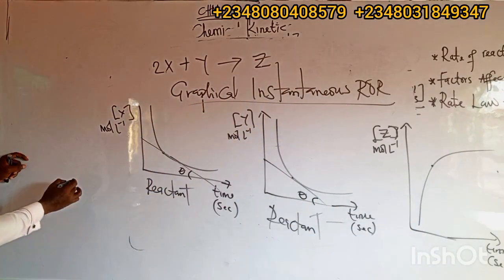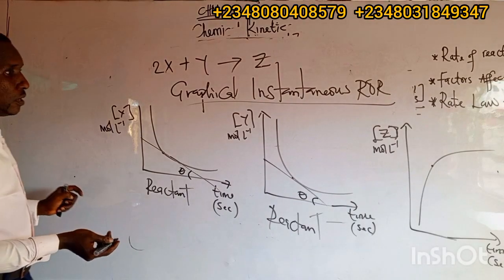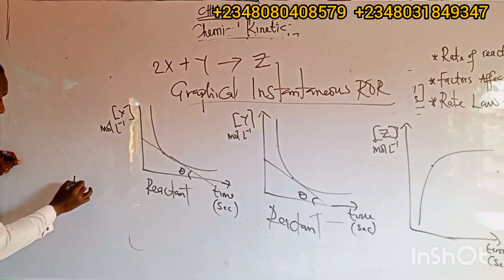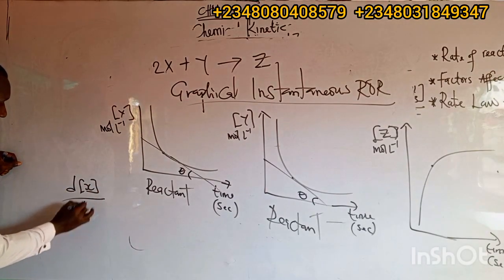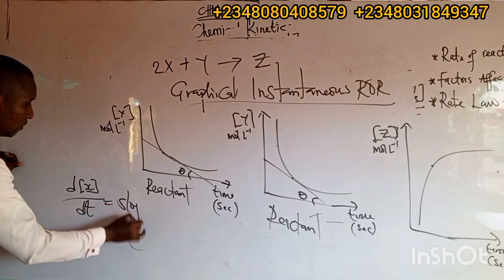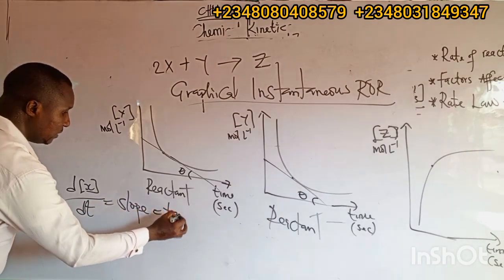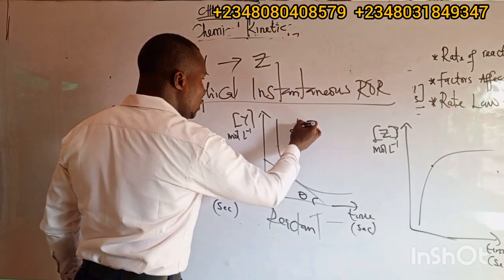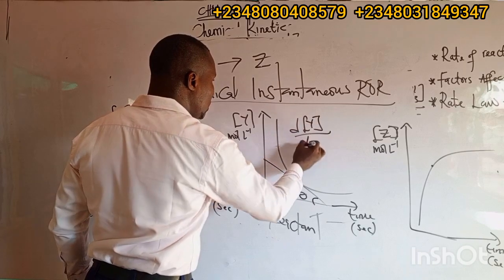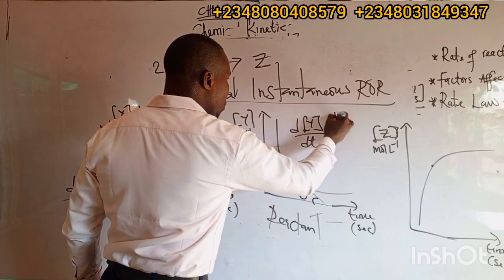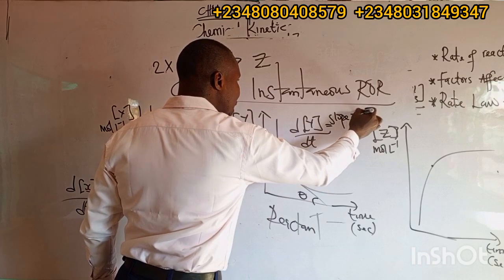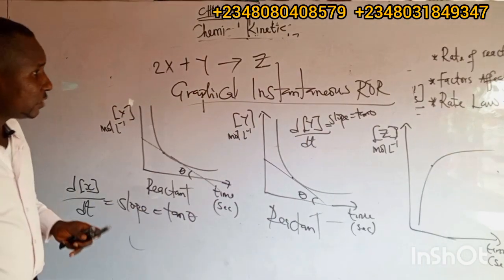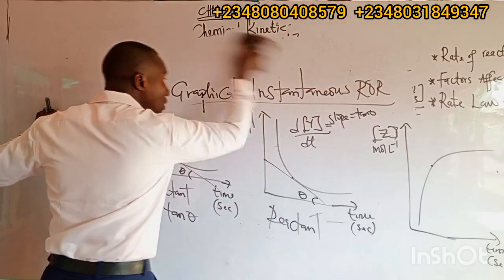So dx/dt equals the slope, which equals tan theta, and for the other, the change in concentration over dt equals the slope, tan theta. The same thing.